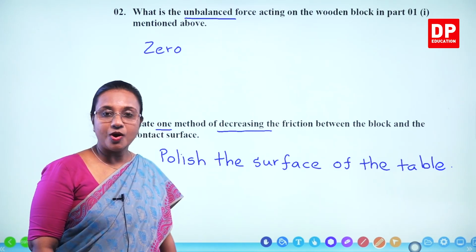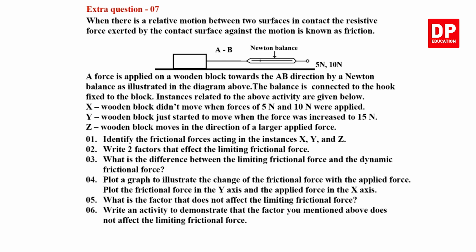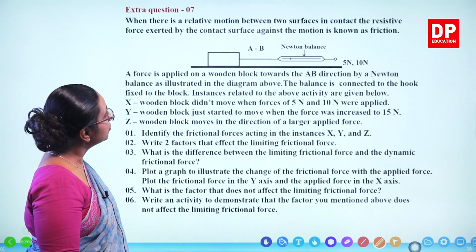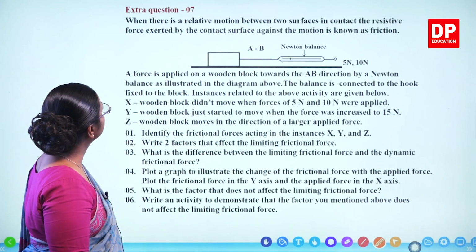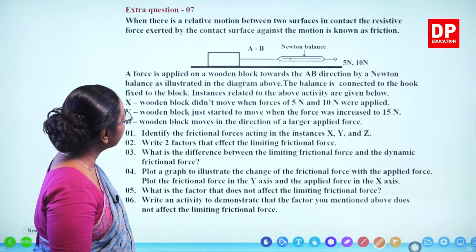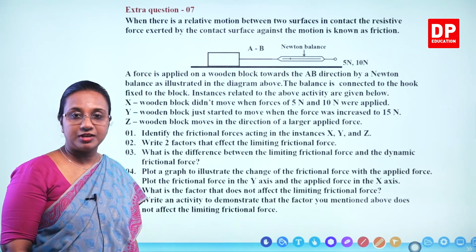Let us move on to the next question. Extra question 7. When there is a relative motion between two surfaces in contact, the resistive force exerted by the contact surface against the motion is known as friction.